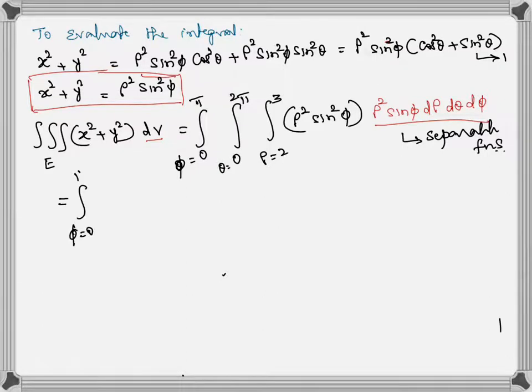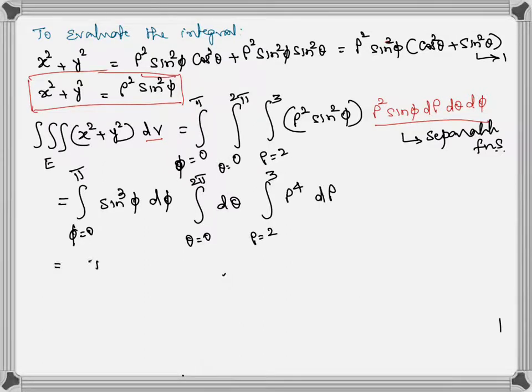So phi running from 0 to pi of sine cubed phi d phi, the integral of theta from 0 to 2 pi d theta, and rho running from 2 to 3 of rho to the power 4 d rho. The first one we will call I1 for the time being. We have to evaluate that separately. The second one is 2 pi. The third one is rho to the power 5 over 5 between the limits 2 and 3.